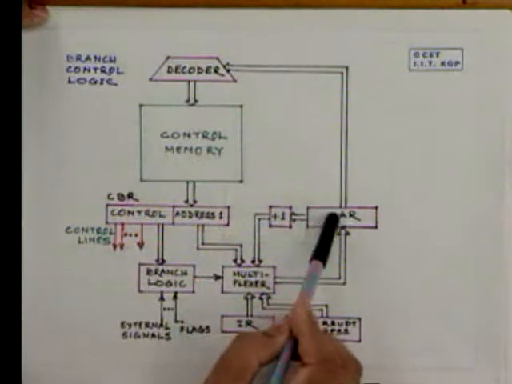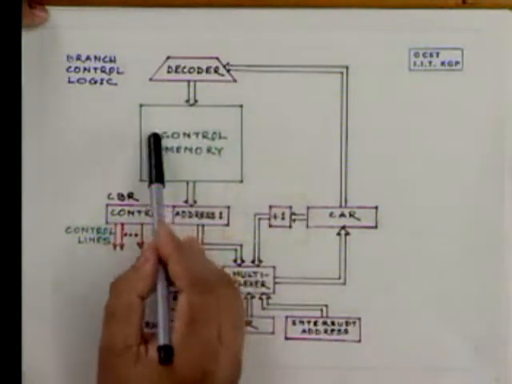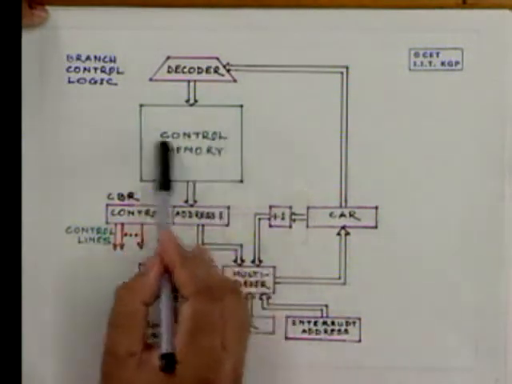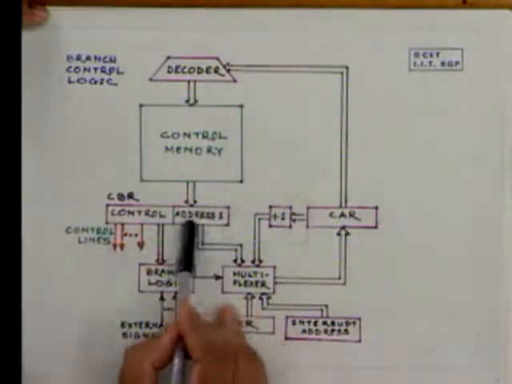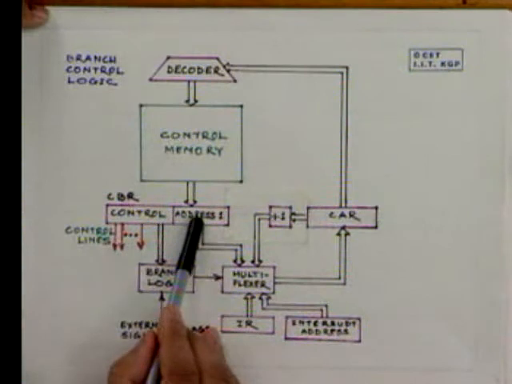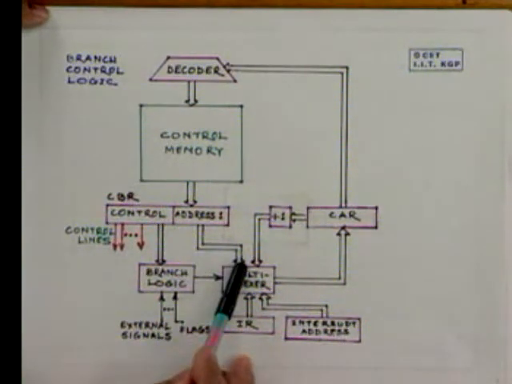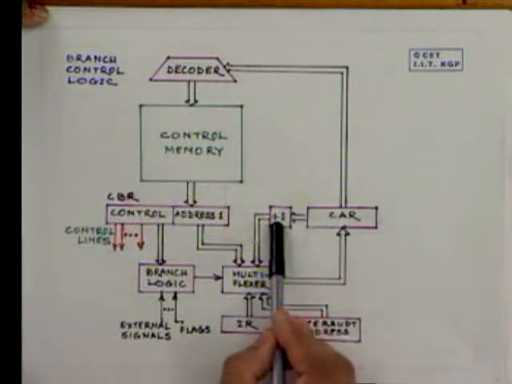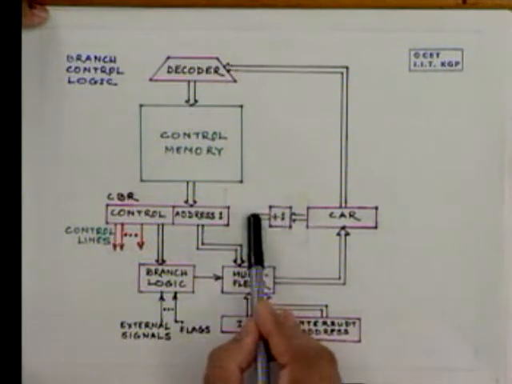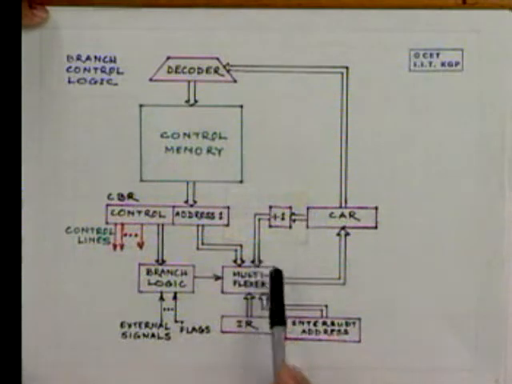The control address register content is decoded, and that particular content of that memory is fetched. That comes into what we call the control buffer register. One portion can be that address that comes into this multiplexer. Control address registers can be incremented here, and can come to this multiplexer.